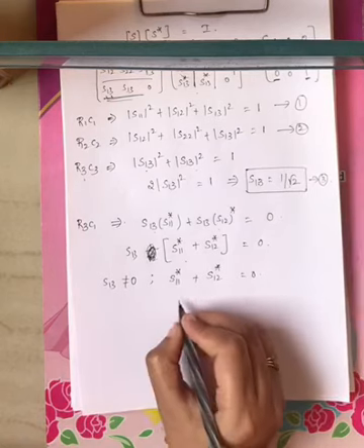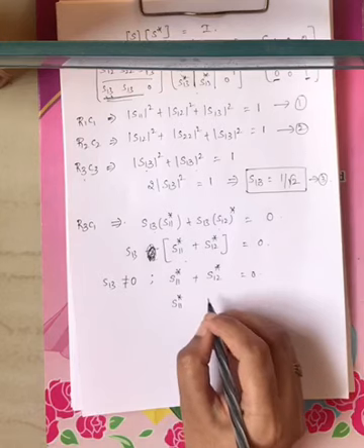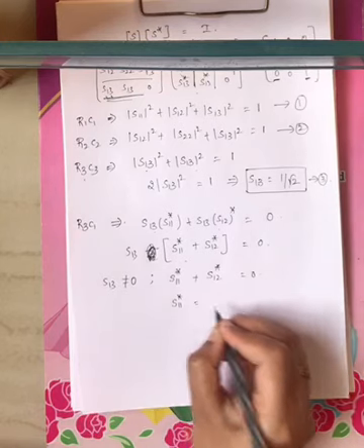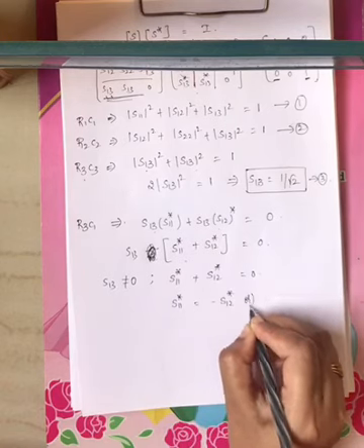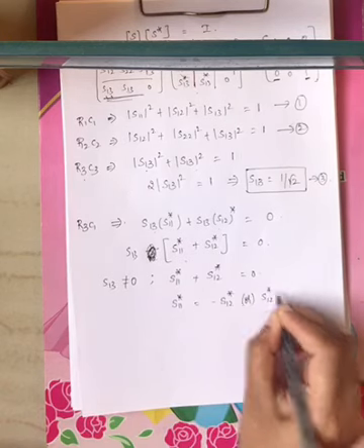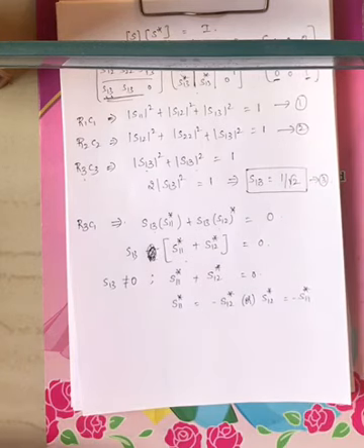Now from this expression, S11 conjugate equals minus S12 conjugate, or S12 conjugate equals minus S11 conjugate. Both are possible, right?